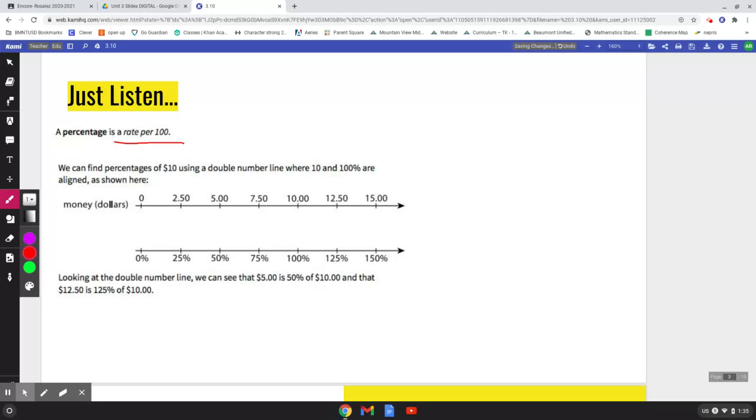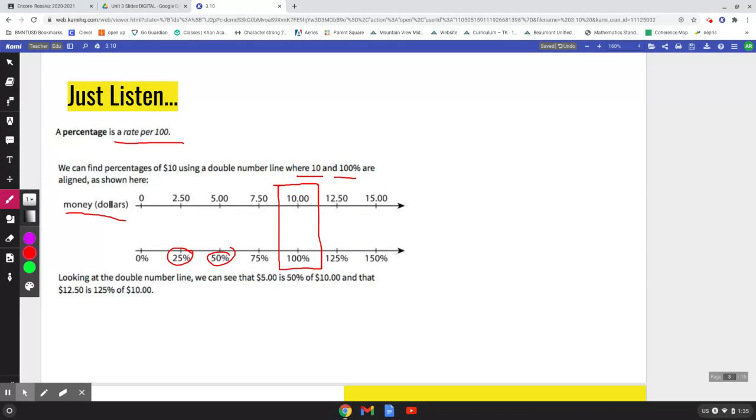So we can find percentages of $10 using this double number line, where 10 and 100 are aligned. So remember that the number lines, whenever they match up vertically, they are equivalent or they're equal. So you have your money right here, and then you have your percentages that are along the bottom.